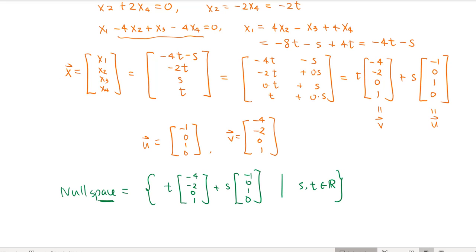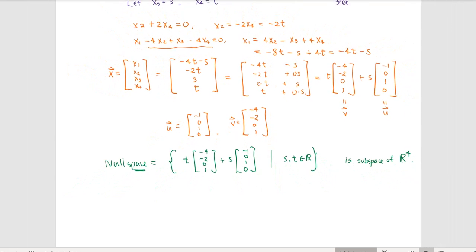Okay, so this is a set generated by those two vectors, u and v. And it is a subspace of R4.